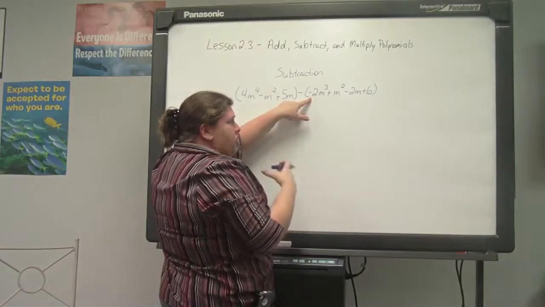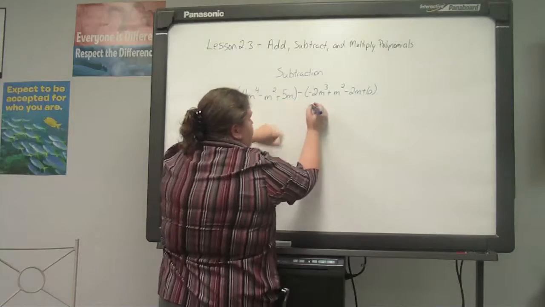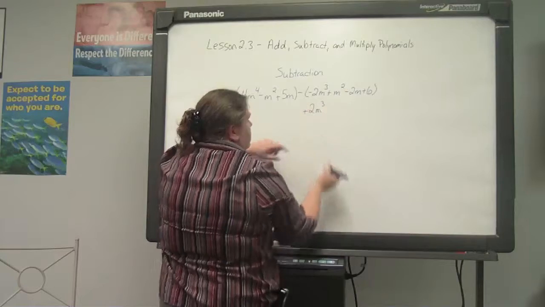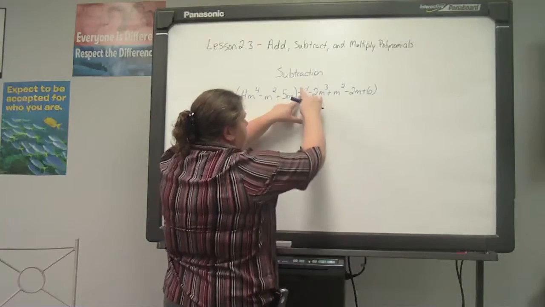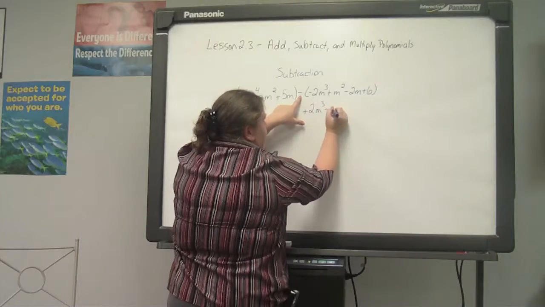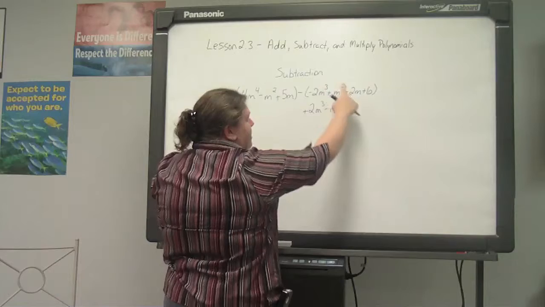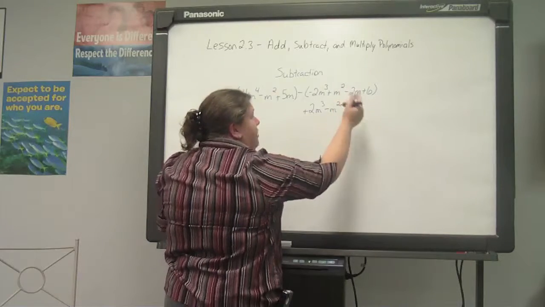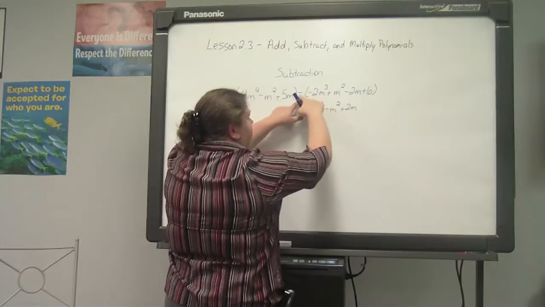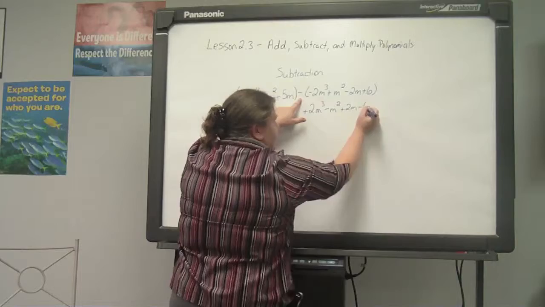So the first thing is rewrite. A minus a negative becomes a positive 2m cubed. A minus times a positive is a minus m squared. A minus times a minus becomes a positive 2m, and then a minus times a positive 6 becomes a negative 6.